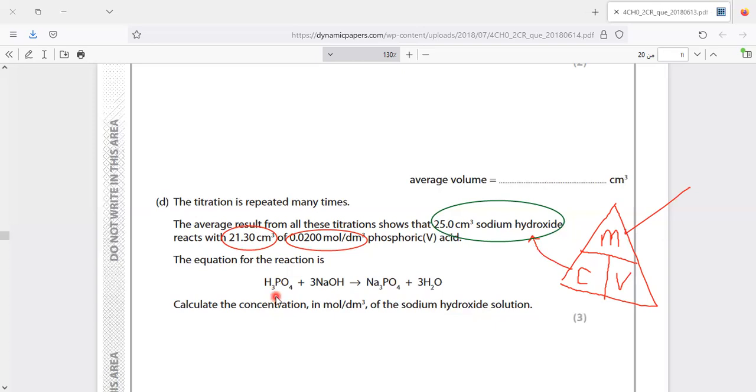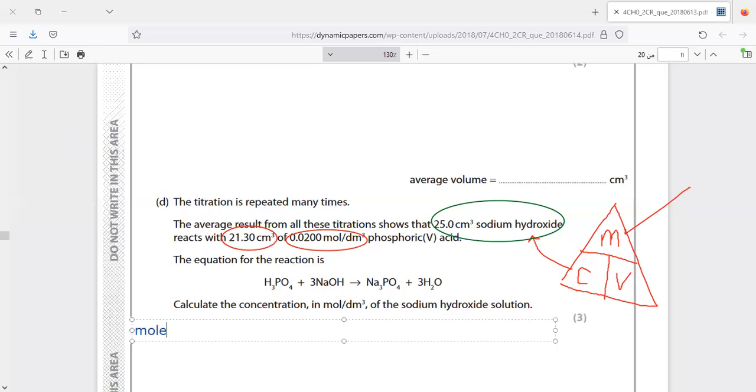Someone will say, Mister, the question asked you about sodium hydroxide, why do you start to find the number of moles of phosphoric acid? I will say yes. Once you have the number of moles of phosphoric acid, you can get the number of moles of sodium hydroxide from the mole ratio. Got it?